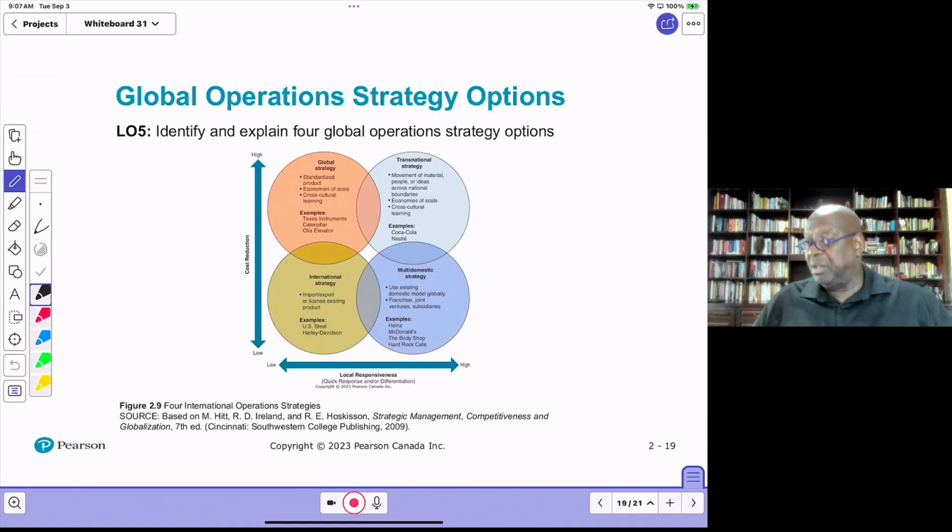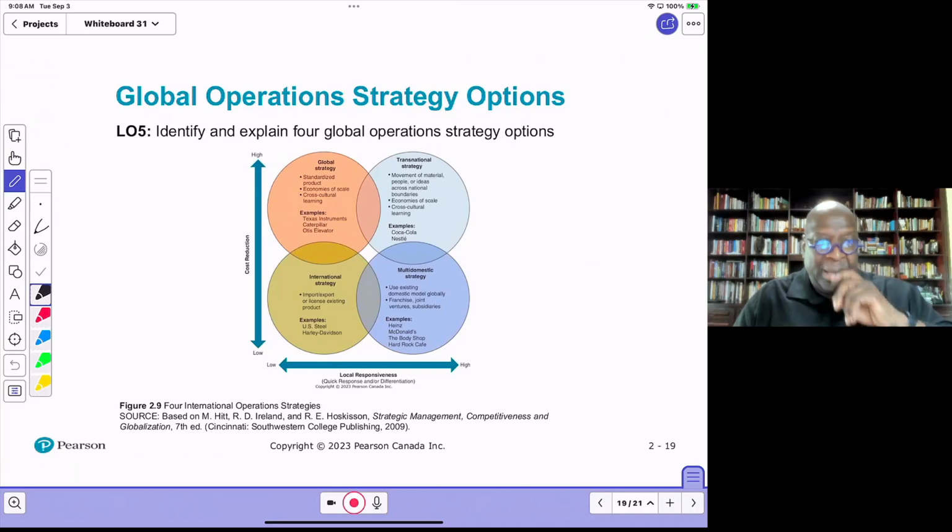And in terms of global operations strategy, companies that want to globalize also have to think about what the operation strategy is going to be in that context. So having a global strategy might have implications for standardization of your products, because then it allows you to scale across international boundaries. A good example of that would be McDonald's.